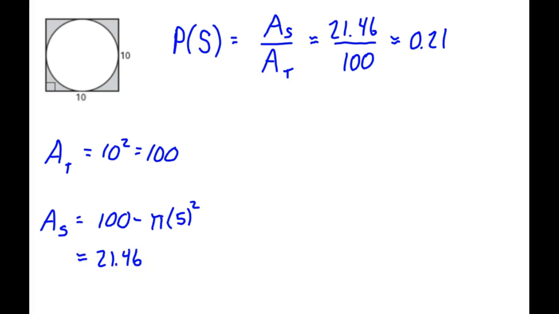So now we plug these values back into our equation. The area of the shaded region is approximately 21.46 square units. The area of the total is 100. So if we divide those, we get approximately 0.21, which would be 21%. If we randomly select a point in that region, the probability that it lands in the shaded region is going to be 21%.